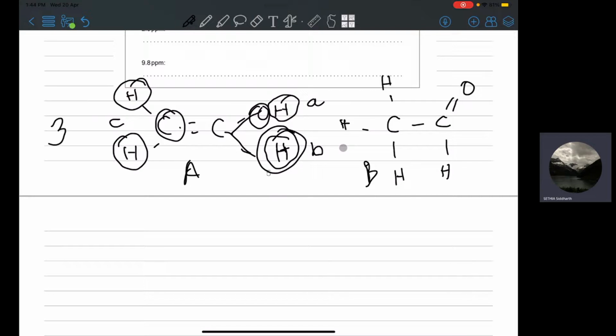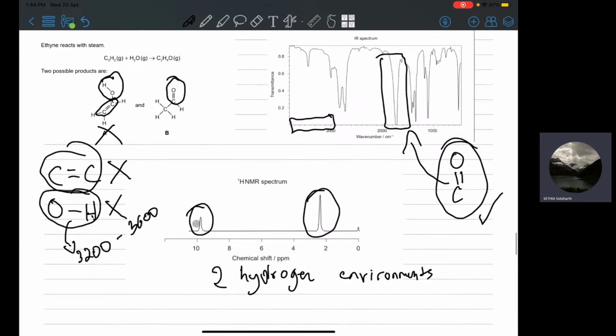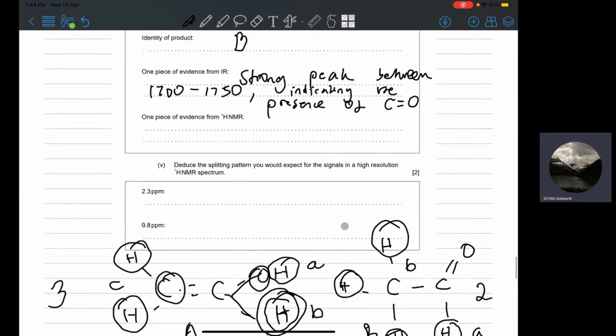So if you look at molecule number B, of course, you have this one hydrogen over here, which is in its own environment. And then you have these three hydrogens, which are all in the same environment. And you could call that environment number B. And this molecule, molecule number B, has two hydrogen environments. And that makes perfect sense because we see two peaks in our HNMR spectrum.